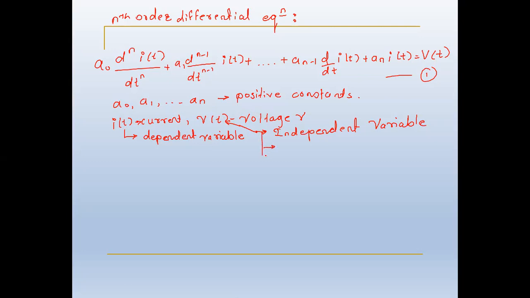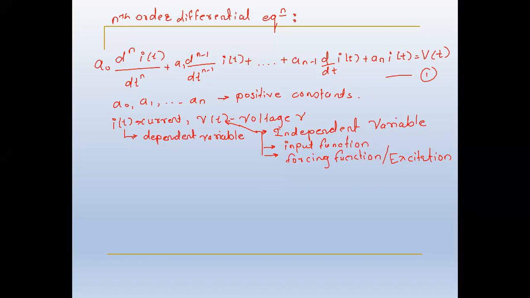I'll just note down all the terms. It is also known as the input function, the forcing function, or the excitation. Understood? The solution of equation number 1 is called the response of the system.